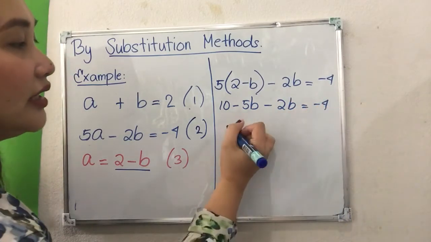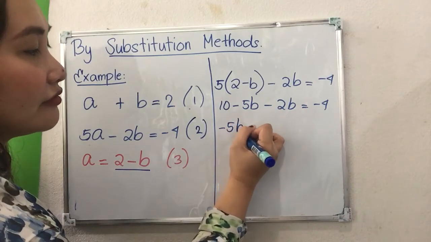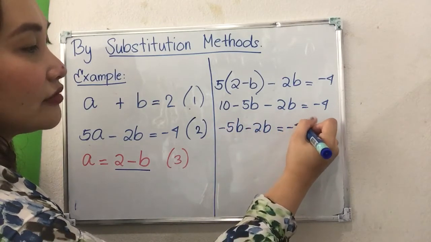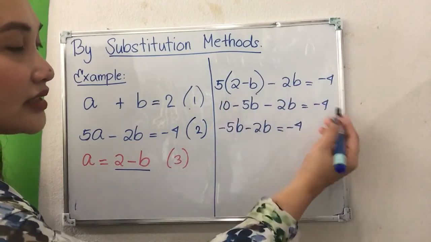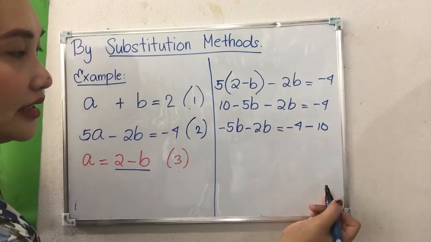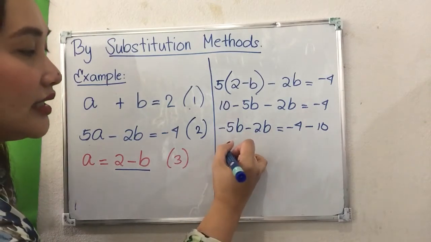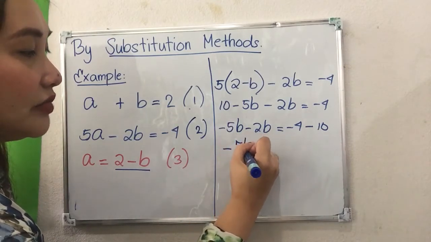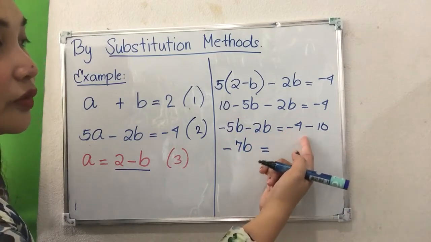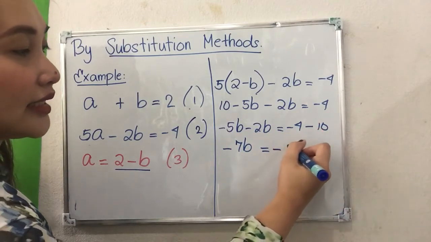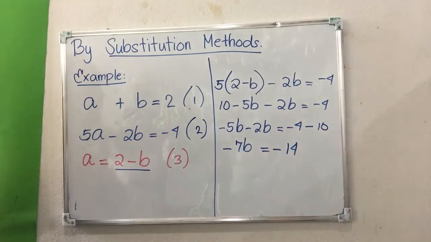Simplify: negative 5b minus 2b is equal to negative 4. The 10 moves to the other side, so it becomes negative 10. Simplify: negative 7b is equal to negative 4 minus 10, that is negative 14.